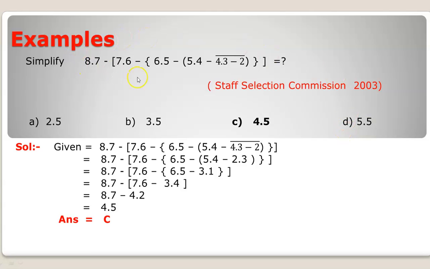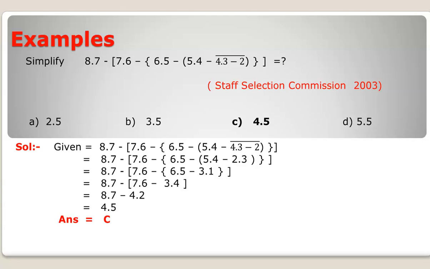This type of example is solved by using the VBODMAS rule. According to the VBODMAS rule, V means vinculum bar, B means bracket, then of, the operations division, multiplication, then addition and subtraction. So first simplify the innermost bracket with the vinculum bar, followed by the braces, and then solve the square bracket.